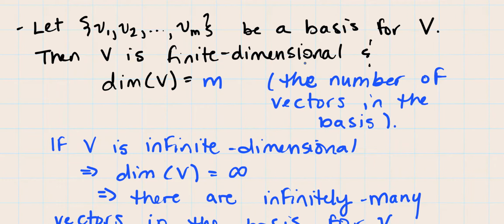We're going to just talk about finite dimensional vector spaces. So we're always going to have a number here for the dimension of V.